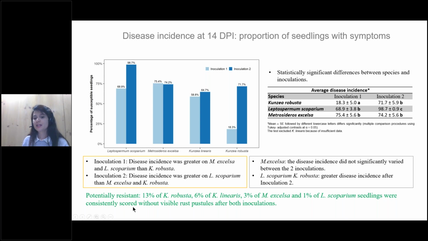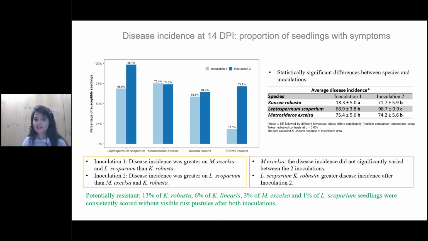So although Kunzea linearis was excluded from the statistical test, we can still see that the disease incidence was quite high, between 60 and 65% of the seedlings were susceptible across both inoculations. And another point that I'd like to highlight is that we also had seedlings that were constantly free of symptoms after each inoculation.